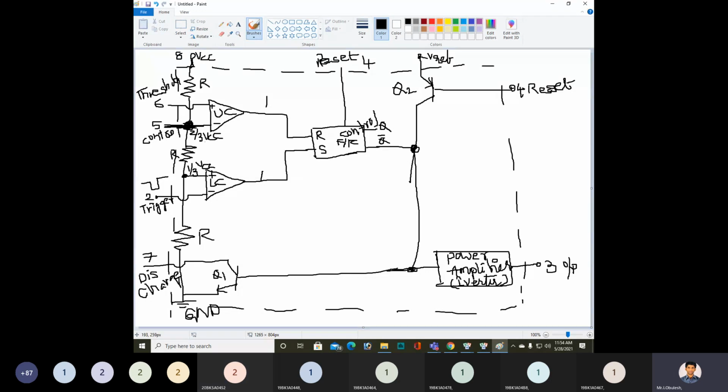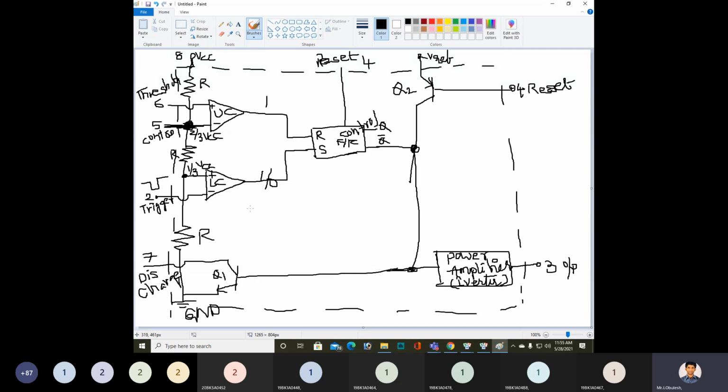Control voltage value greater than 2 by 3 VCC, you will get 1. Similarly, in the lower comparator, this trigger voltage value is less than 1 by 3 VCC, we get 1 here. But here the trigger voltage value is greater than 1 by 3 VCC, which means here you will get 0.